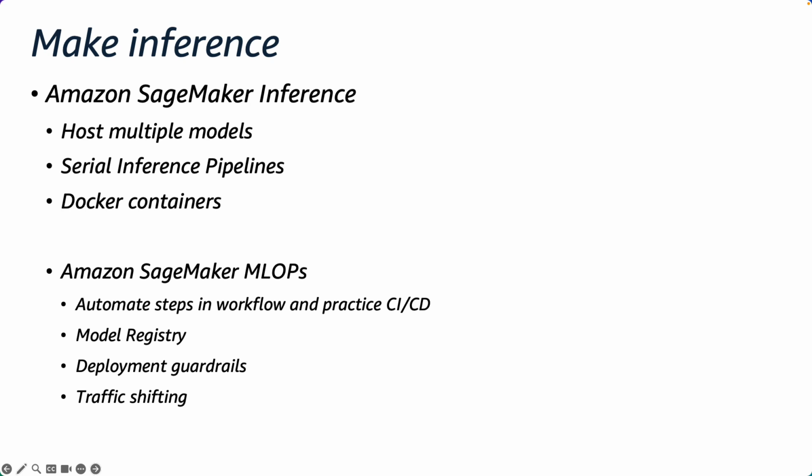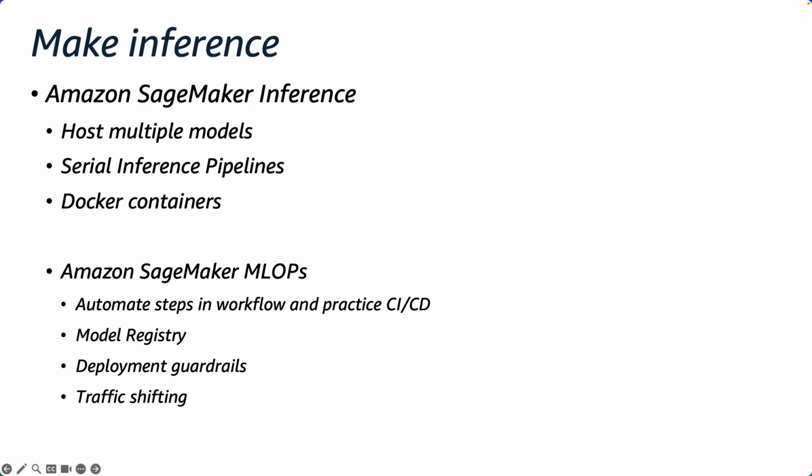If you want to host models with pre-processing and post-processing logic behind an endpoint, then use serial inference pipelines. Inference pipelines are fully managed by SageMaker and provide lower latency because all of the containers are hosted on the same Amazon EC2 instances. You can also use an existing Docker container in SageMaker or create a new Docker container and receive guidance on how to run your own inference code.